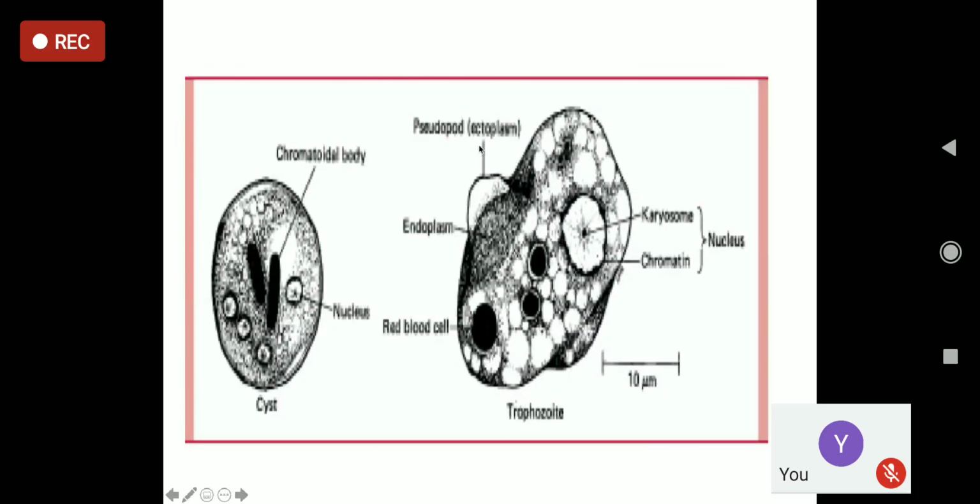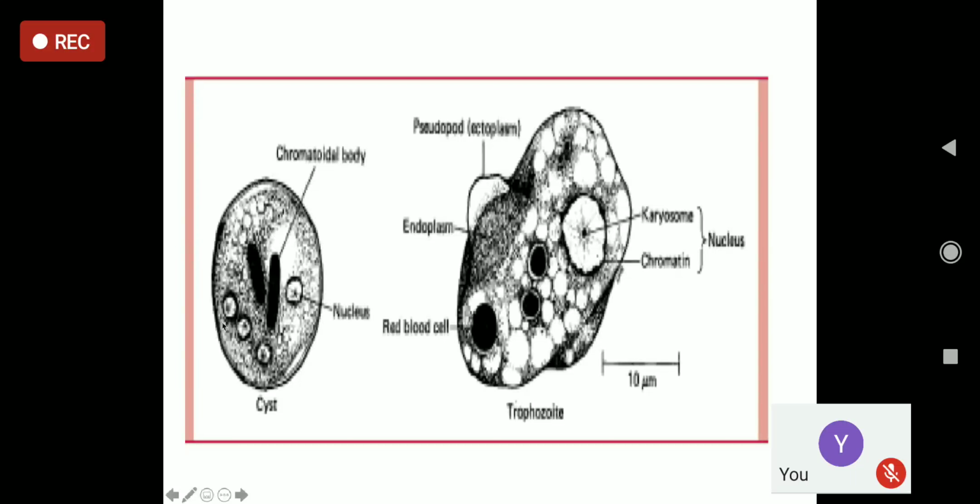When the environment starts to become unfavorable, these trophozoites transform themselves into the cyst form via the pre-cyst form. In this case, the structures start to become round with the loss of these pseudopod-like structures, with the loss of their motility, and their size gets reduced. After that, when the environment becomes further unfavorable, they reduce their size completely.